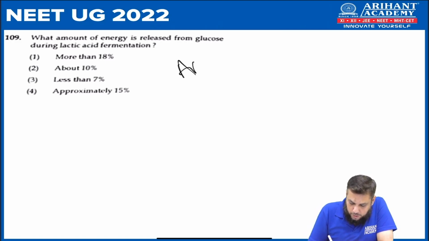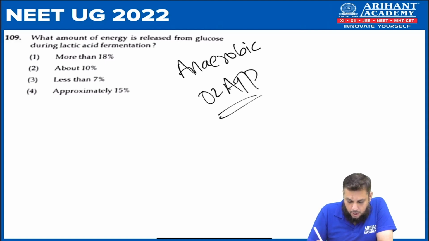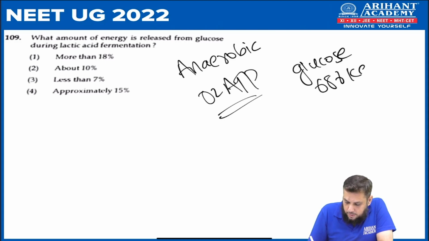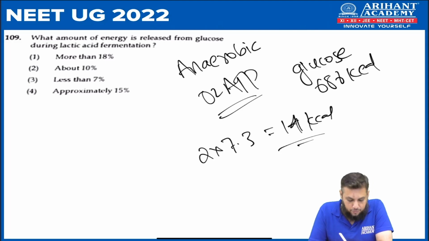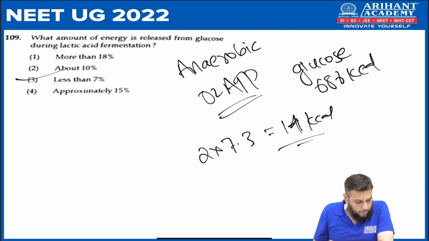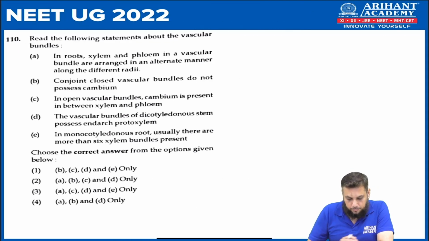Now this is anaerobic respiration. Lactic acid fermentation will produce 2 molecules of ATP, and 1 molecule of glucose has the ability to give 686 kilocalories, and you are able to produce only 2 molecules of ATP, that is around 14 kilocalories. So the amount of energy that you are going to get from lactic acid fermentation is going to be less than 7%. So for 109, the answer will be 3.